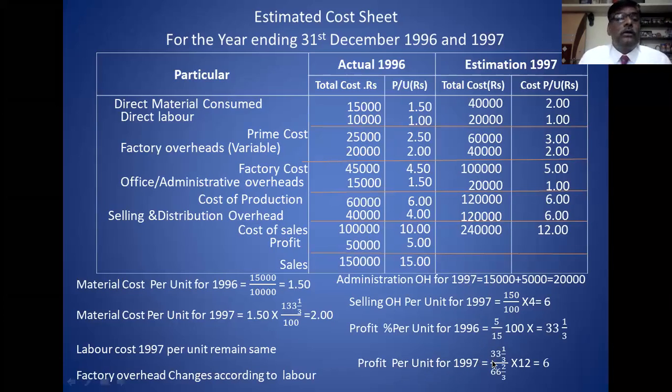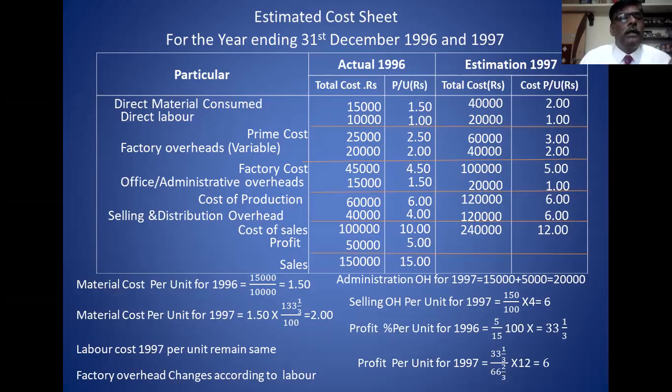You see my calculation. 33 integer 1 by 3 is the percentage of profit. Means for every 100 rupees selling price, 33 integer 1 by 3 is the profit. If you deduct that profit from the selling price, you will get the cost. So 100 minus 33 integer 1 by 3 is equal to 66 integer 2 by 3.